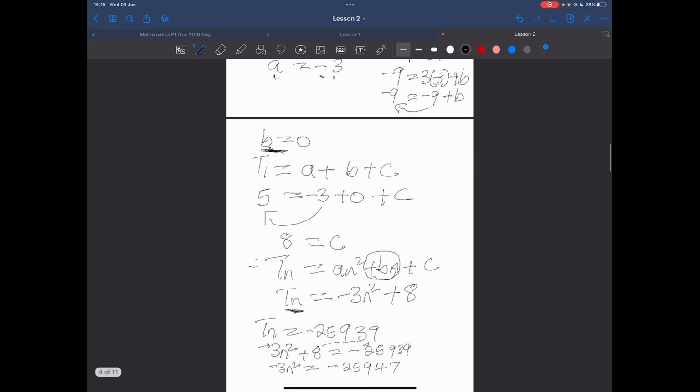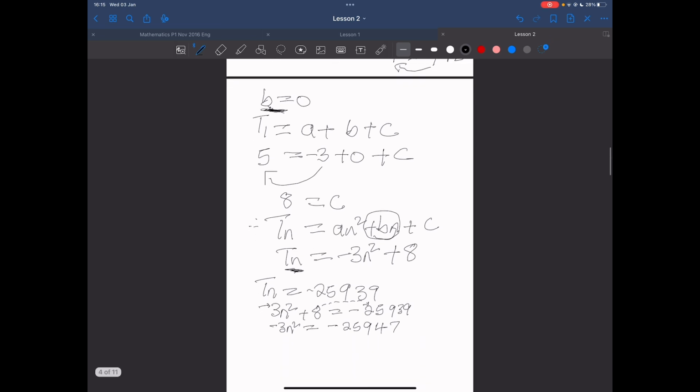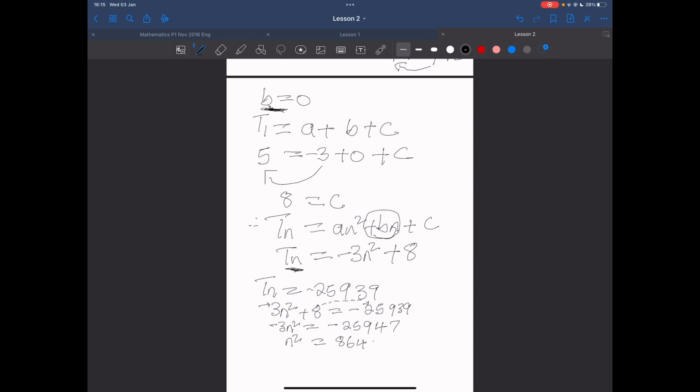Dividing both sides by negative 3, this will give us n squared equals 8,649.